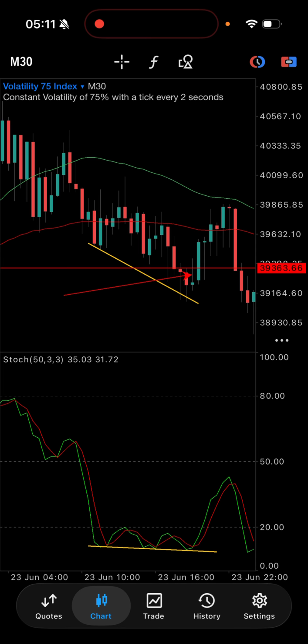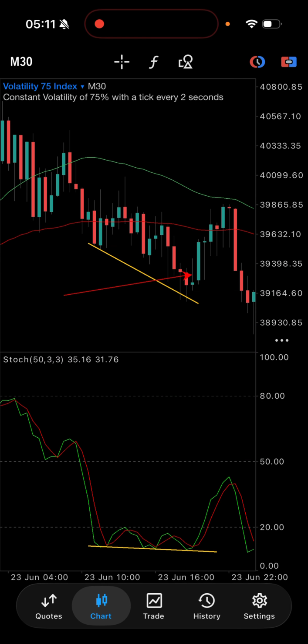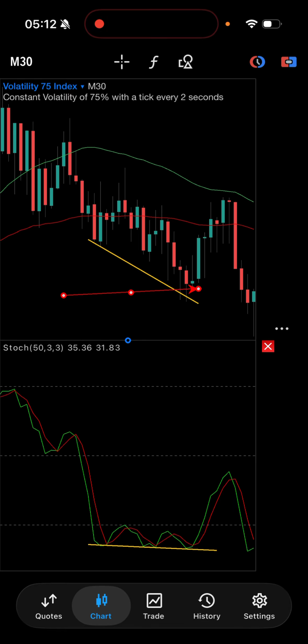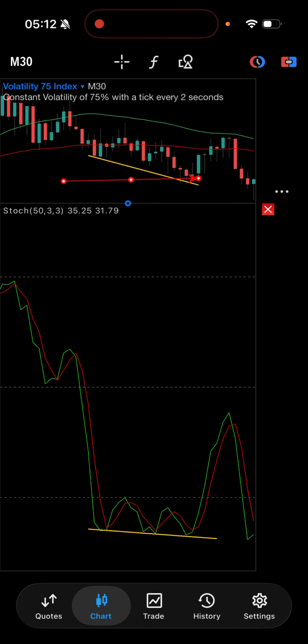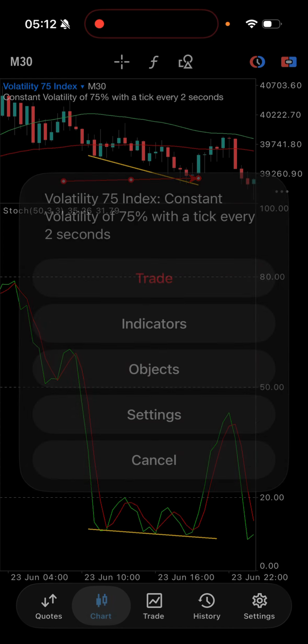I marked this place out just to show us something. If you look at the charts, you will see something like this here. You see we have this low, this low, this low here. Now, if you look at the indicator we are using, you can see that it is also the same thing with what is up here.